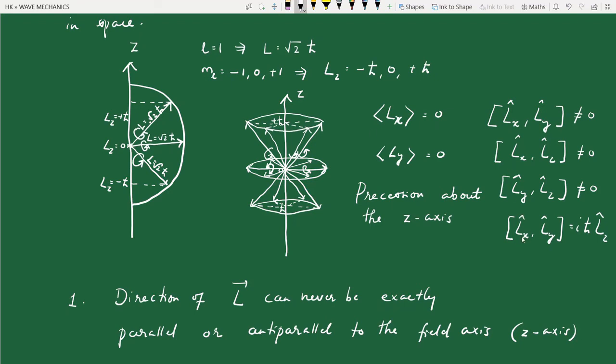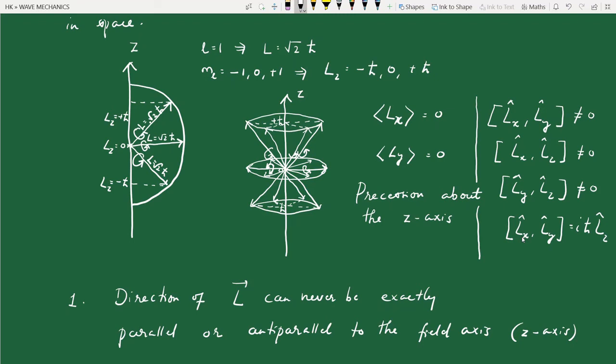The idea of these commutation rules is that two components of angular momentum cannot be measured together in a common state. Only one component has a specific value, and that component we conventionally choose as the z component.